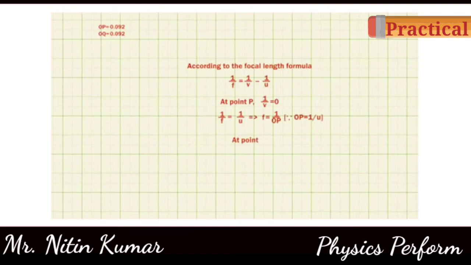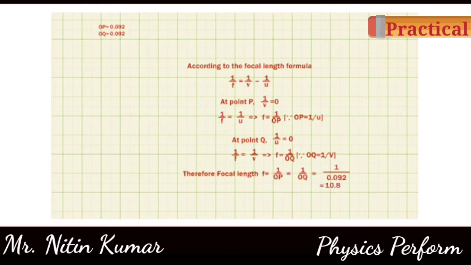At point Q, 1 by u is equal to 0. 1 by f is equal to 1 by v, which is f is equal to 1 by OQ. Therefore, focal length f is equal to 1 by OP is equal to 1 by OQ, which is 1 by 0.092. Therefore, focal length f is equal to 10.869 centimeters.